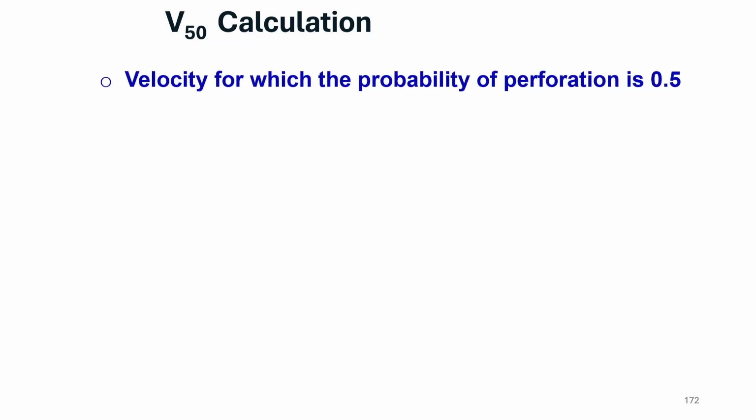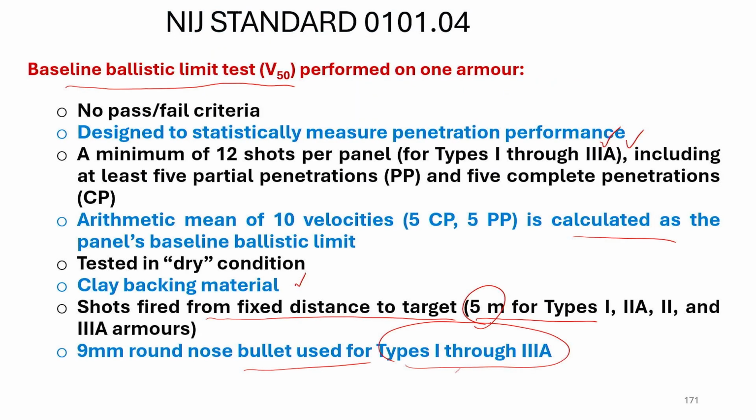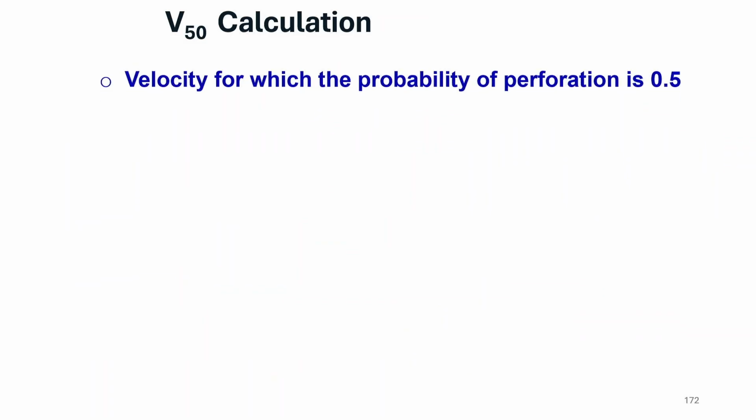Now, how to calculate the baseline ballistic limit like V50. So, here you can see the velocity for which the probability of perforation becomes 0.5, that is termed as the V50.